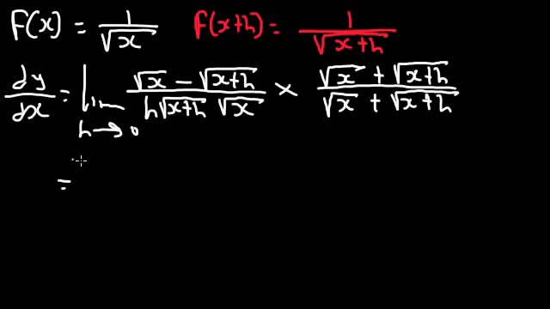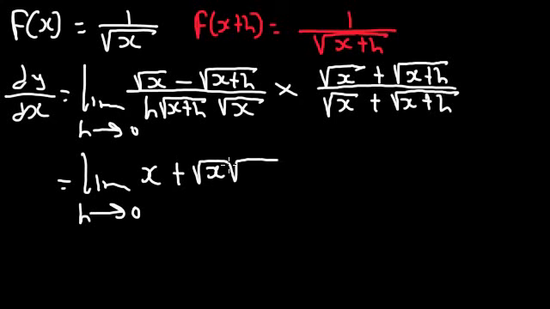So now we have the derivative equal to the limit as h approaches 0. Let's expand this. Root of x times root of x gives us x, and the root of x times root of x plus h gives us positive root of x plus h.